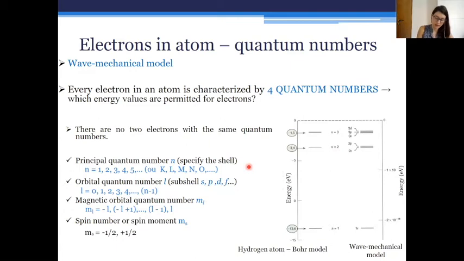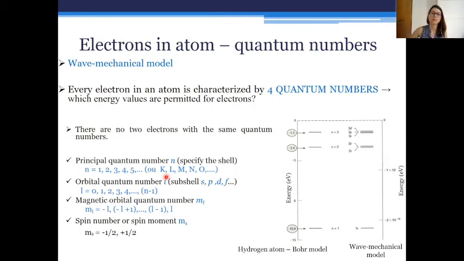So it specifies the energy level and the orbital size in this model. n has integral values starting from 1, so 1, 2, 3, 4, 5, and so on. And in some specific situations, we will also use capital letters, K, L, M, N, O, and so on, but it has the same meaning.